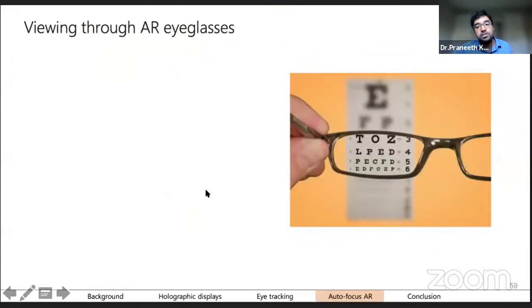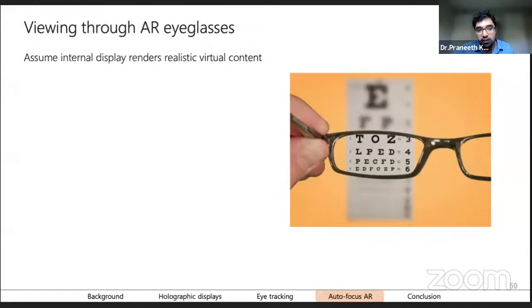So let us suppose we have cracked the solution for the ultimate virtual display, which produces content that is indistinguishable from the real world. We need to think if it caters to all users here, right? So let's say, for people with normal vision, we have a well-focused real world. So both real and virtual imagery are focused. That's good.